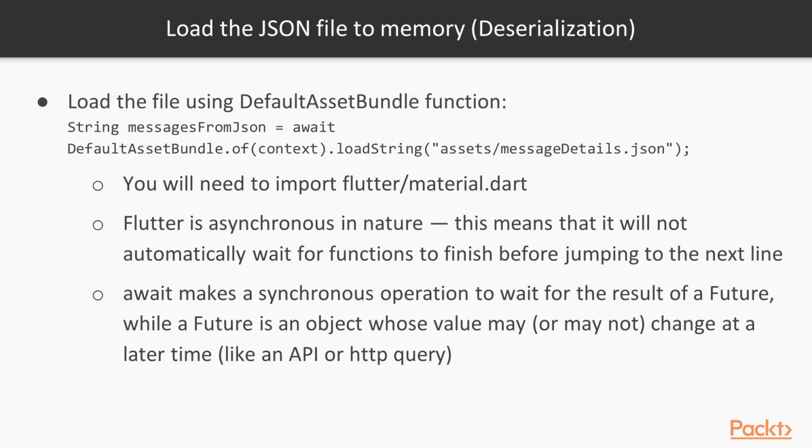Flutter is asynchronous in nature, and that means that it doesn't wait for processes to finish before it jumps to the next function or line. And if you do have long computations or a delayed result, like an API call or HTTP query, then that may freeze the UI, and you really don't want that to happen.